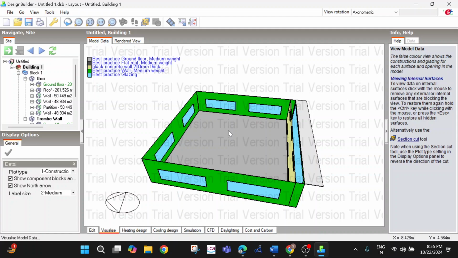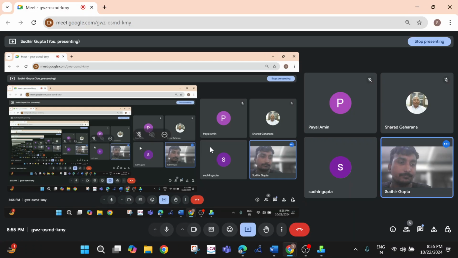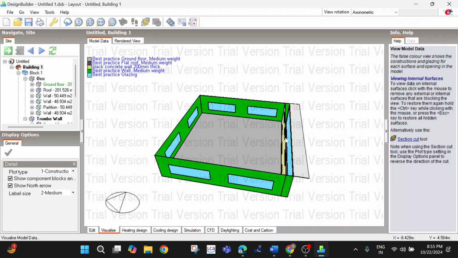So less heating energy will be required to maintain the indoor temperature. Is it clear now? Is it clear now, Payal and other people?